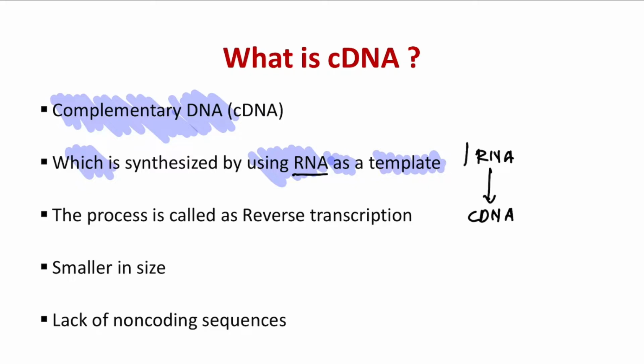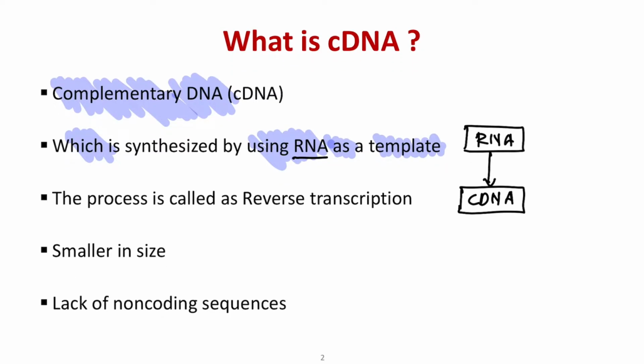So whatever information is present in our RNA molecule will be passed through to this cDNA. There is a special type of enzyme which converts this RNA into the complementary DNA, and it is called reverse transcriptase.